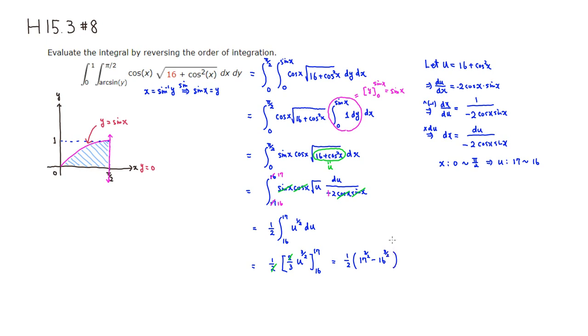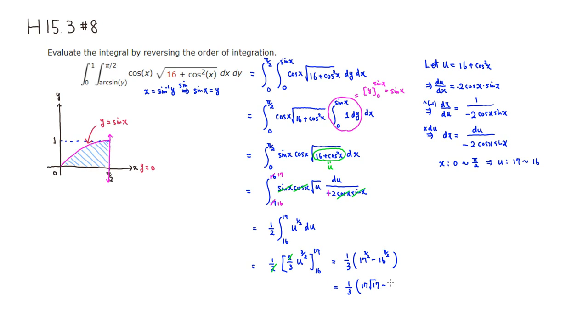So we have that. So what's this? This is going to be, actually, this is 1/3. Right, 1/3, 17 to the 3/2 power would be 17 times square root of 17, I meant.